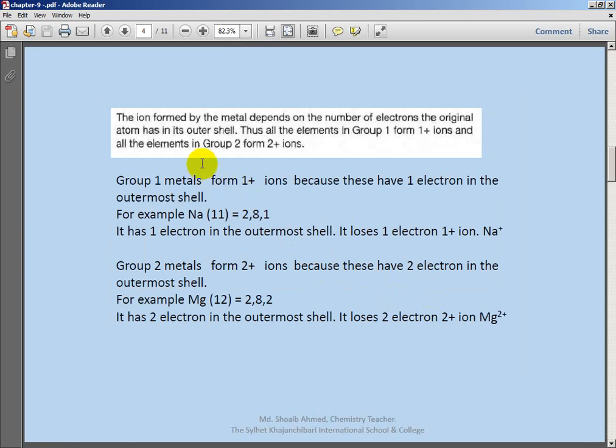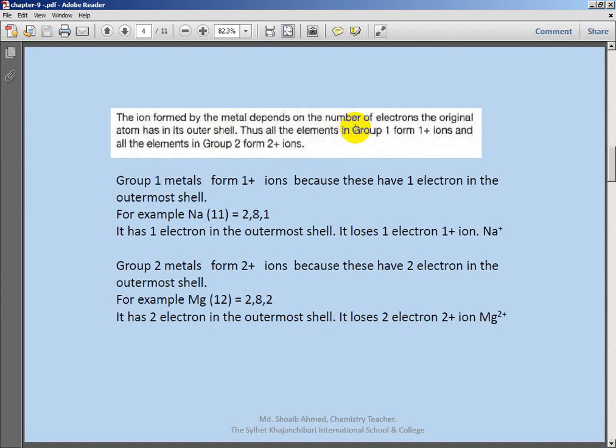The ion formed by the metal depends on the number of electrons the original atom has in its outer shell. Thus the elements in group 1 form 1 positive ions. All the elements in group 2 form 2 positive ions.